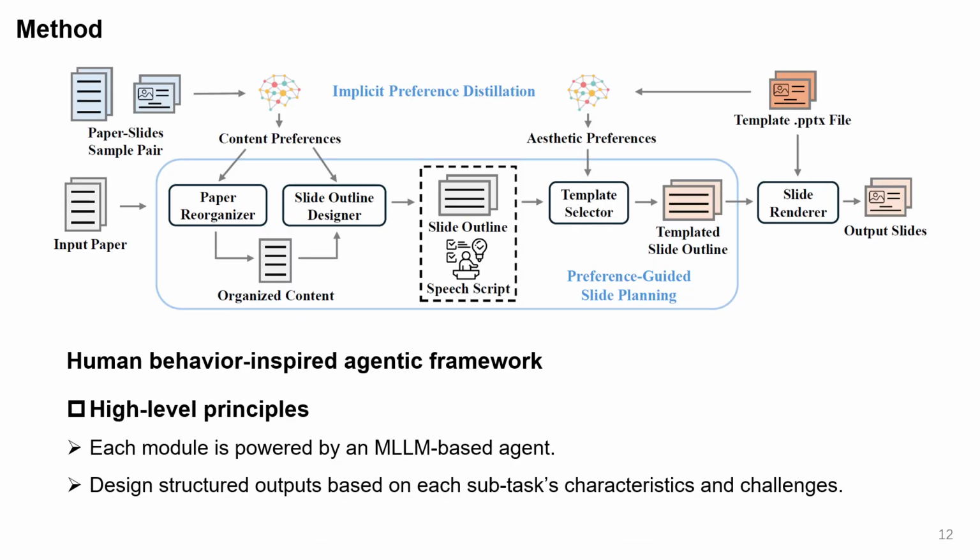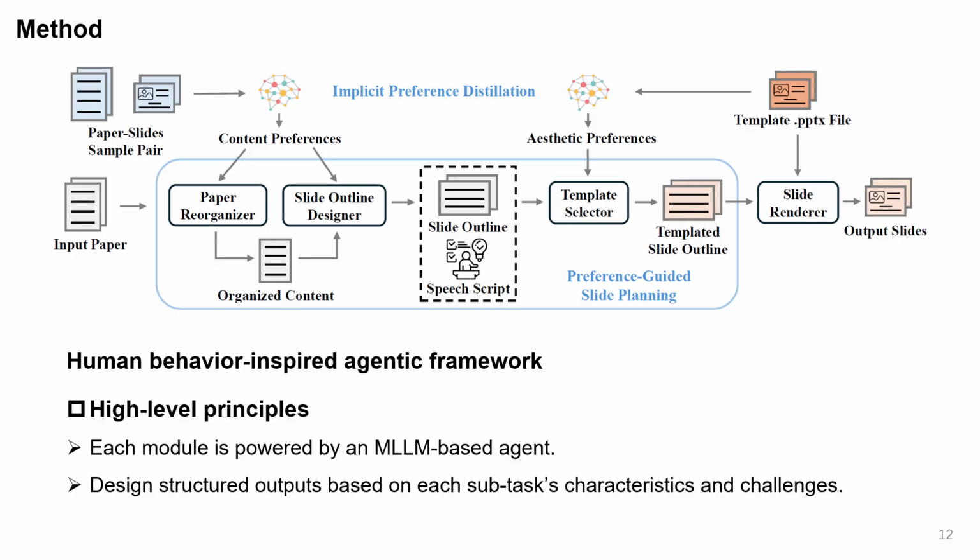To address these two challenges, we introduce a human behavior-inspired agentic framework, SlideTailor, that progressively models and applies user preferences in slide generation. As illustrated in the figure, the overall process involves three stages. First, implicit preference distillation from unlabeled user inputs.